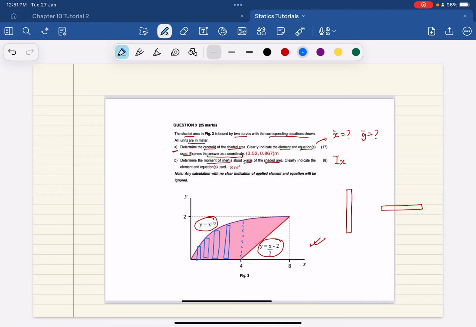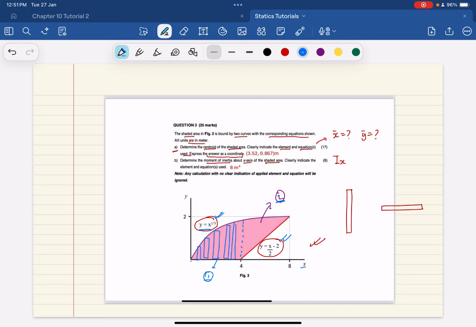So here I'll call this region 1, and this one I'll call region 2. Why is that the case? Because in the first section, your x is only bounded by the x-axis and this equation, whereas in your second region, you're bounded by both this equation and this equation. So that's why you need to split into two regions, and you have to do the computation, which is going to be a bit tedious.